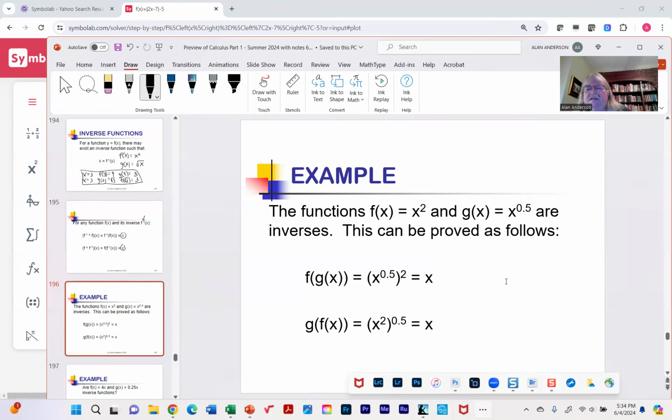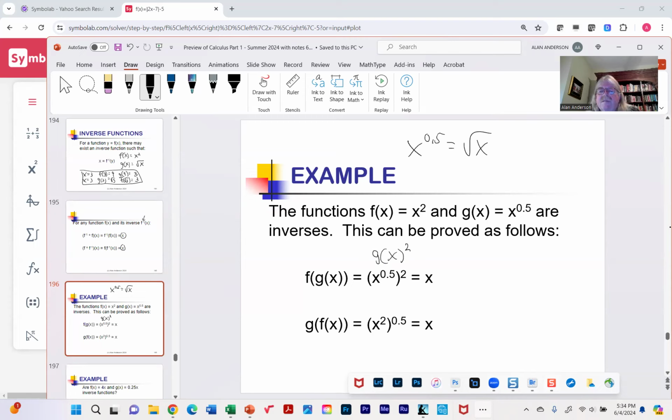All right, so now here's a proof of that, which is the one I just showed you, but more formally. If f of x is x squared, g of x is the square root. By the way, this is of course the same thing. So here what's happening is that f of g of x means g of x squared, which means the square root of x, squared, which is x.